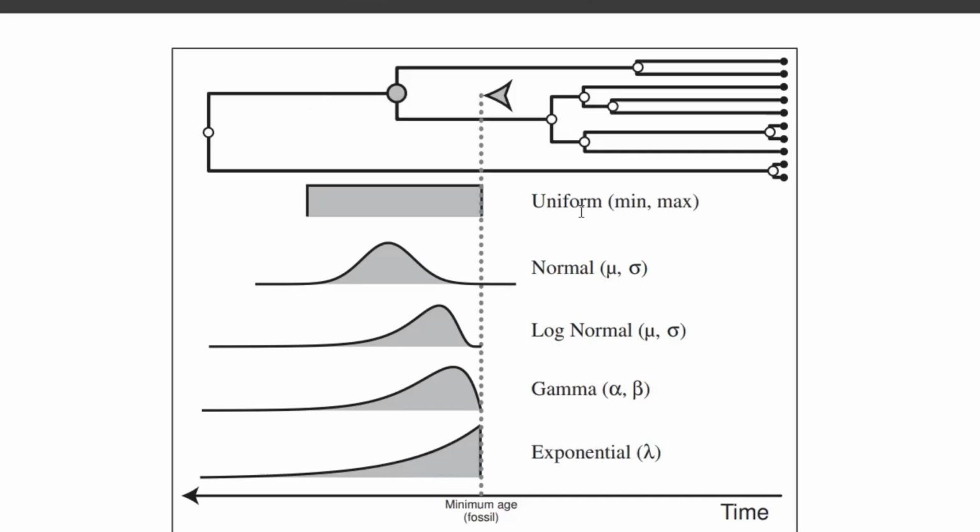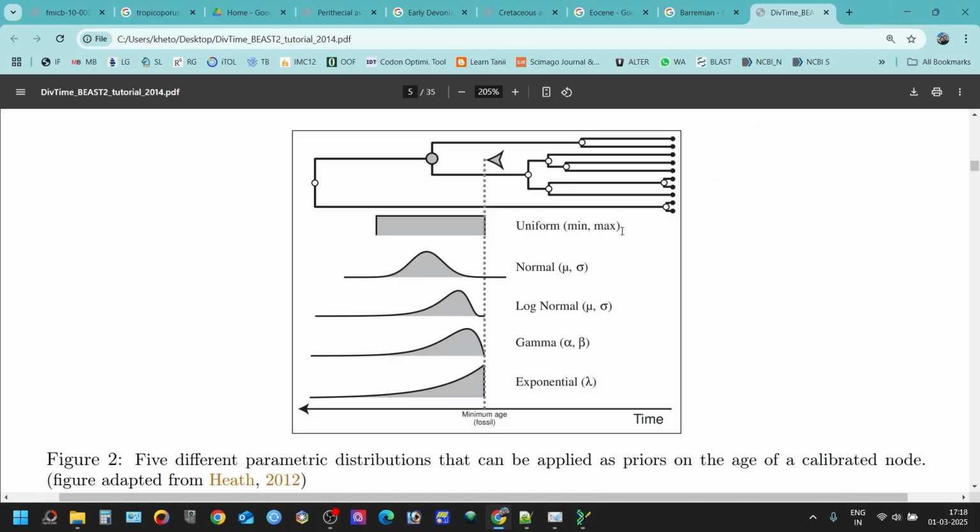So this is what uniform means. And for normal, you can see the graph here, maximum at the point where you want the node, and as it goes to either end, the probability decreases like that. And how all types of distribution behave is given here.